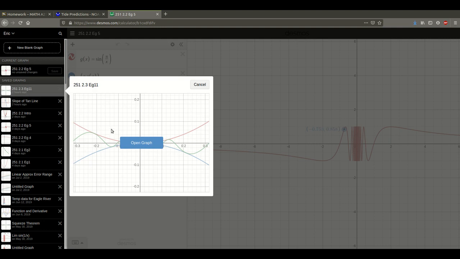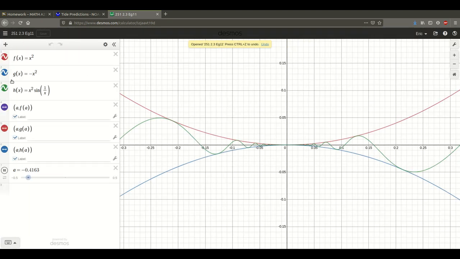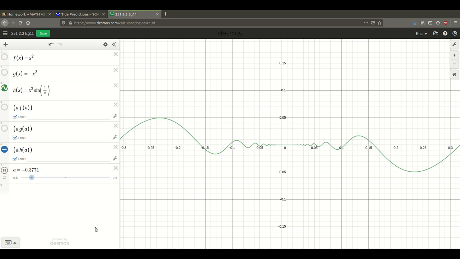Let's go over here. And in fact, if we take off everything but here, there we go. So this thing in blue is our point, and we want to see what happens to the y value.